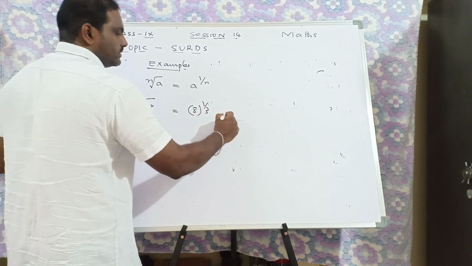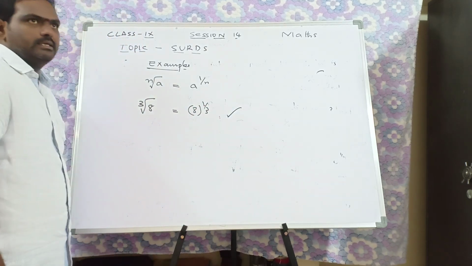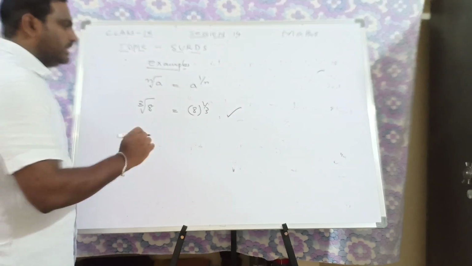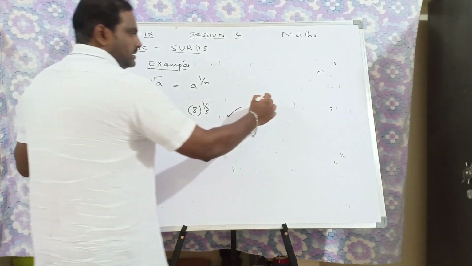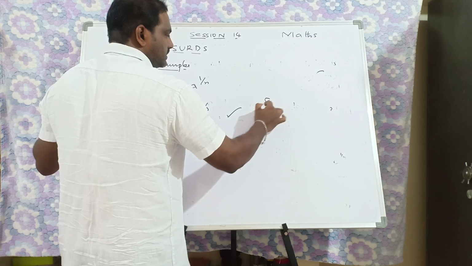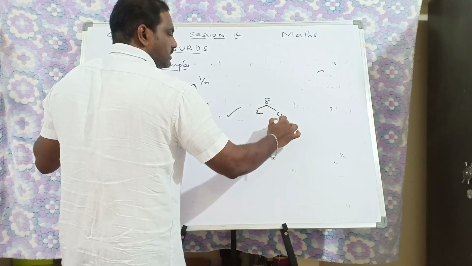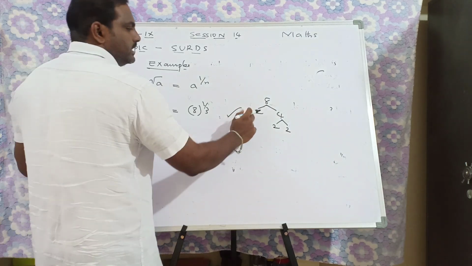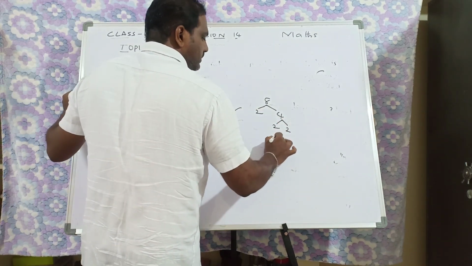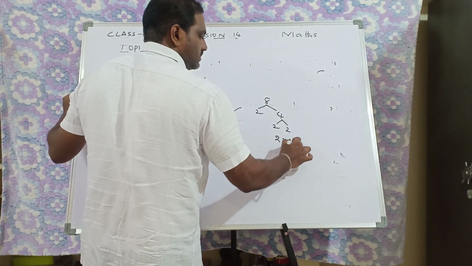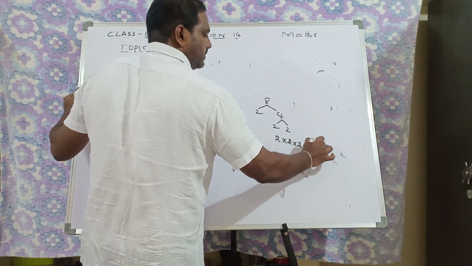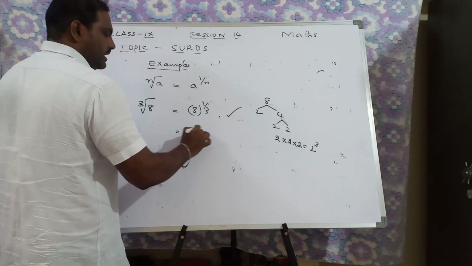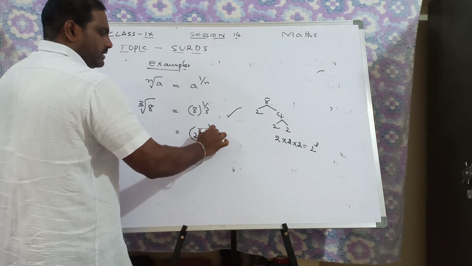Generally all the students say that yes, it is a surd. But this is wrong. Why is it wrong? Look at 8. 8 can be written as 2 fours are 8, and 4 can be written as 2 twos are 4. So 8 can be written as 2 into 2 into 2, which is 2 power 3. So 8 can be written as 2 power 3 whole power 1 by 3.